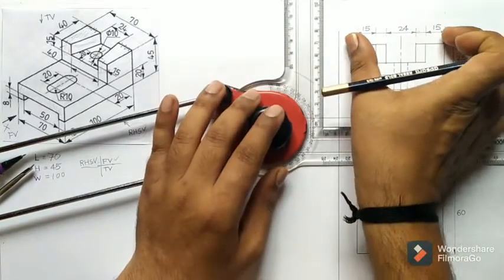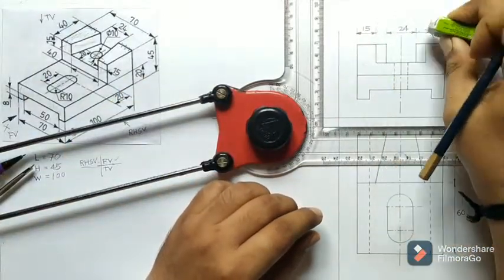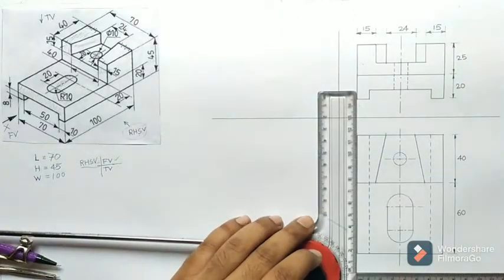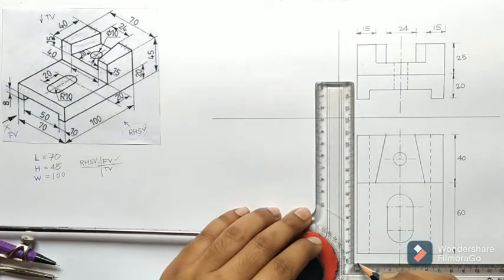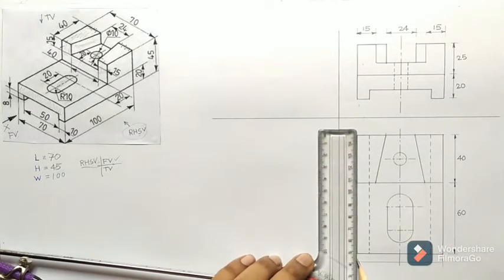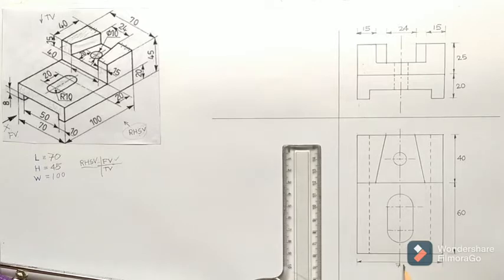Now if you want to form the total dimension, so instead of writing over here, in the top view I will mention the total dimension. So it should be 70 mm.